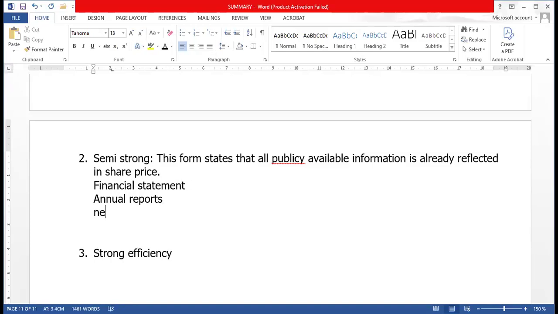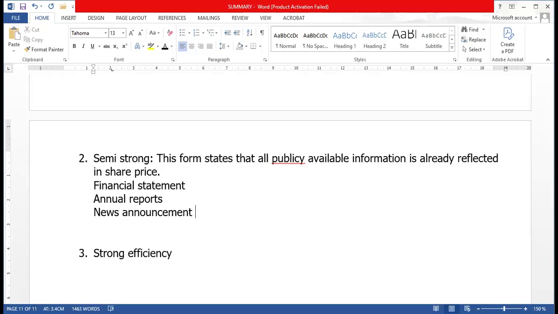It could also be news announcements, where you announce, maybe as a company, that you're going to invest in something or declare dividends, such announcements.